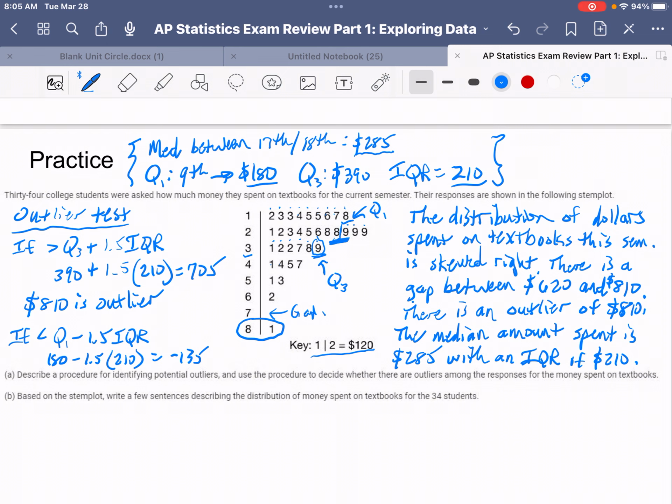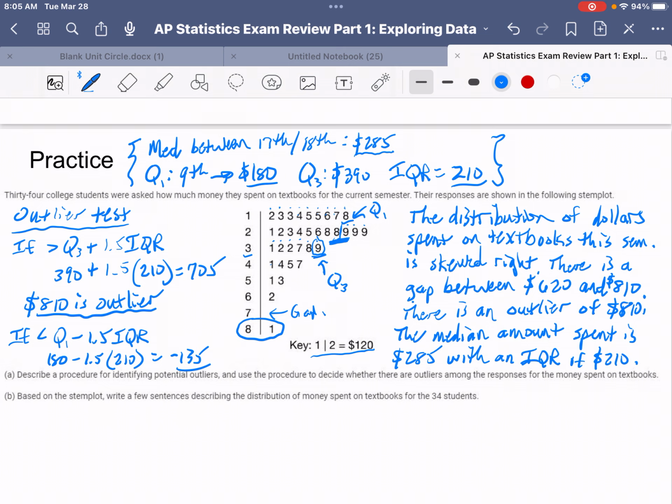So Q3 is 390 plus 1.5 times 210 is 705. So anything above 705 is an outlier, so I have determined that $810 is an outlier. If anything is lower than Q1 minus 1.5 IQR, it's an outlier. Well, notice that that answer is negative, so there are no low outliers.